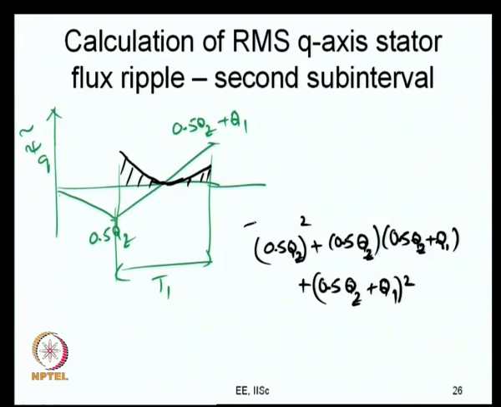I am just following what we did before, by squaring the linear section. I am going to take 1 by 3 Ts of this and multiply it by T1. This is going to be the contribution of the second subinterval to the mean square q axis state of flux ripple.